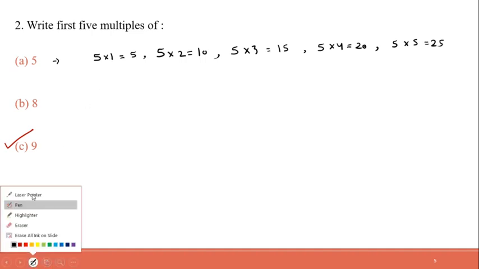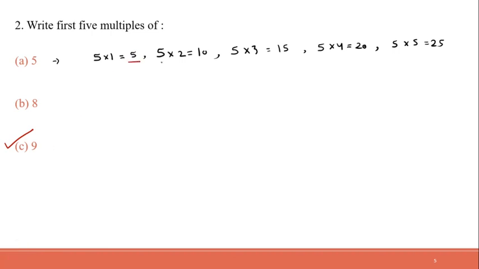So these are the first 5 multiples, 1, 2, 3, 4 and 5. Why first 5? Because we started from 1, then 2, then 3, then 4, then 5. So these are the first 5 multiples of 5. Got it?